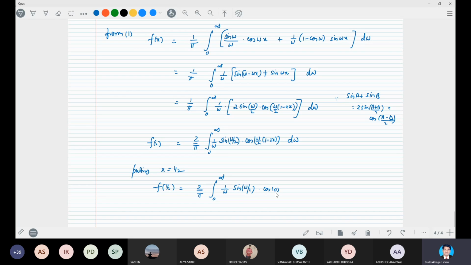Cos 0, right? 1 minus 2x, x equal to 1 by 2, 1 minus 1, 0. At x equal to 1 by 2, f(1 by 2) is 1, so 1 equals 2 by pi integral 0 to infinity, 1 by omega into sin omega by 2 d omega.